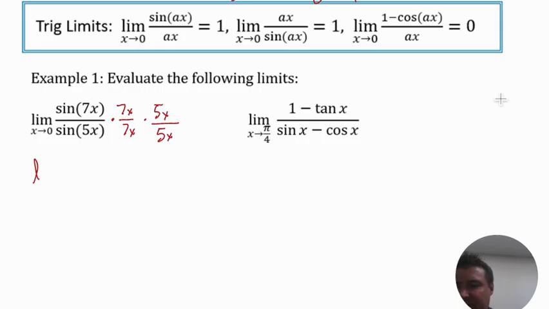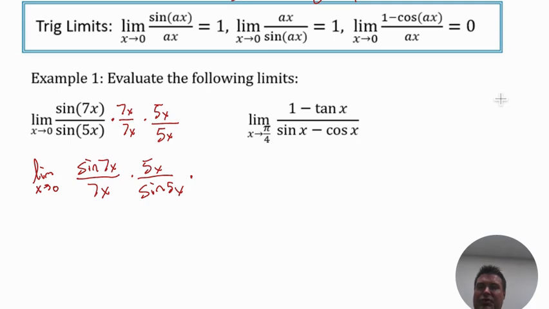I'm going to rewrite this limit to be sine of 7x all over 7x times 5x over sine of 5x. When I do that, I'm rearranging this so that I can have this be in the form of sine of 0 over 0 or 0 over sine 0.